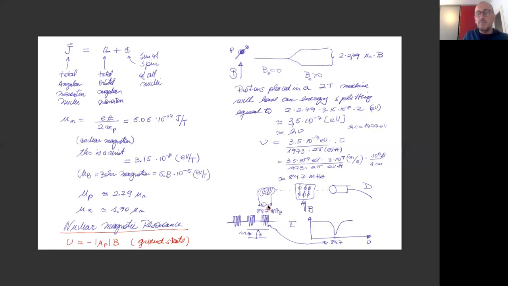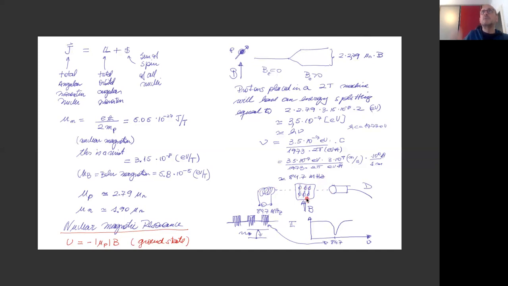Let's say I have a radio frequency here exciting a region where I have a lot of protons that are placed in a magnetic field. At the beginning, I assign the magnetic field to be 0, and I measure the intensity of the radiation produced by this coil with this power supply that goes through the region where I have the protons.